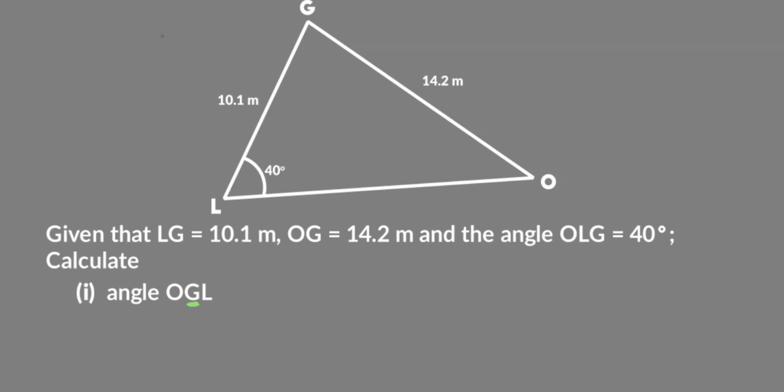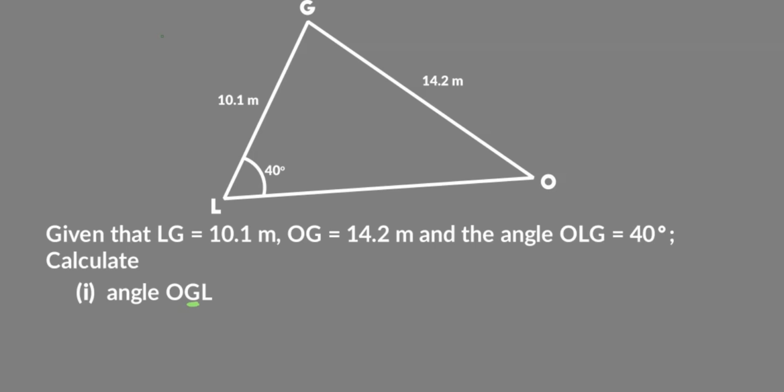The first is to look at the question and see if you're going to use the Pythagorean theorem. Are you going to use the sine rule, cosine rule, or are you going to incorporate the sum of interior angles of a triangle? These 4 things are key things you should think of when you're handling a question in trigonometry.